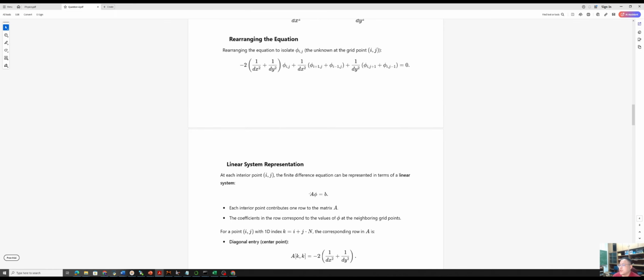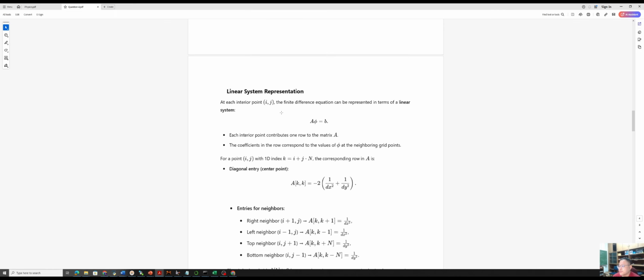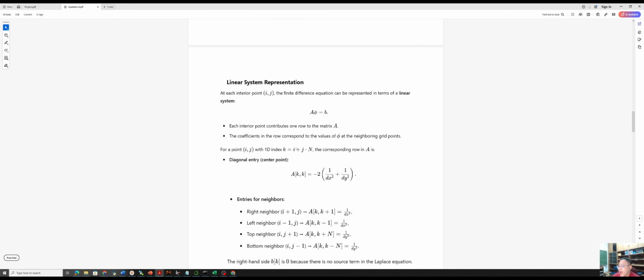So you can actually arrange it. So k equal to i plus j times n in 1D mapping.